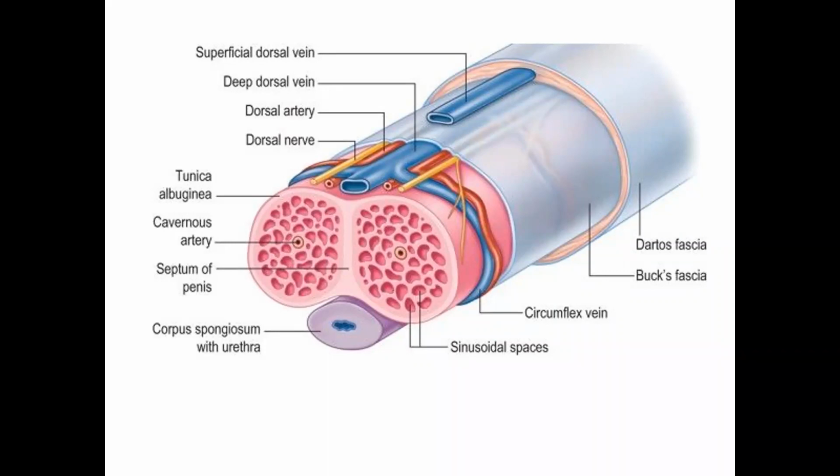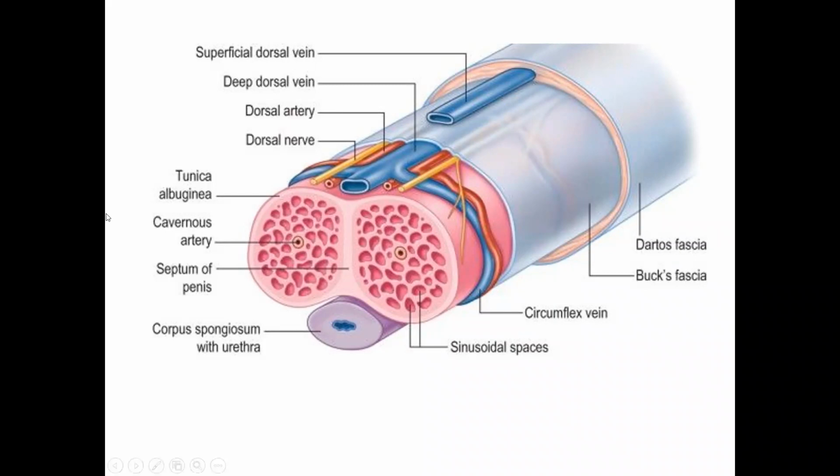The dorsal nerve is sensory to the glans penis, and the dorsal artery supplies blood to the glans penis. The internal pudendal artery gives an additional deep artery of the penis. The deep artery is also called the cavernous artery because it supplies the corpora cavernosa, and there is a separate artery for the corpus spongiosum.